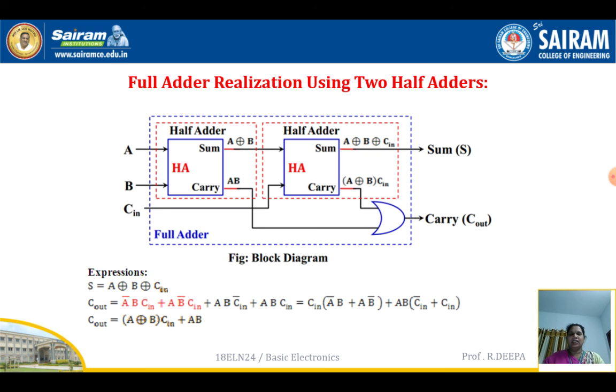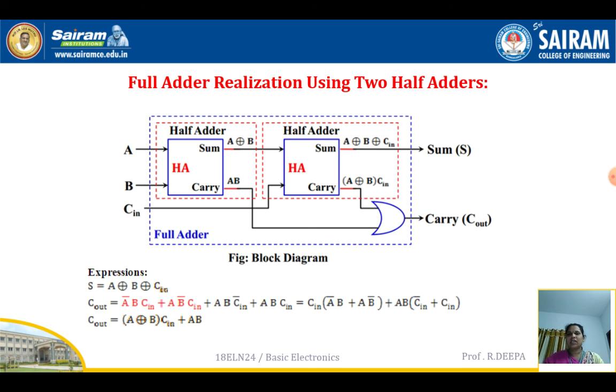The same full adder circuit can be realized using 2 half adders. That is, we can implement the full adder using 2 half adders. We'll have a half adder first with only 2 inputs A and B, and the outputs are sum and carry.